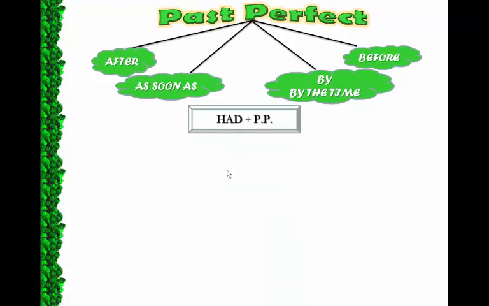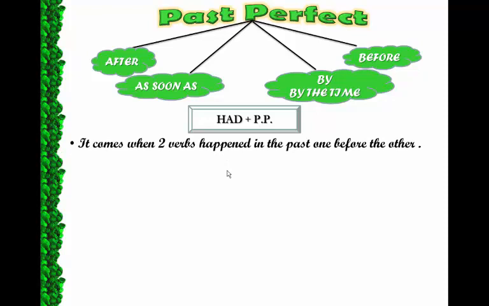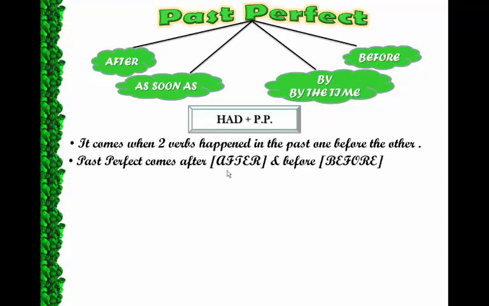What's the form of the past perfect? As you know, it's had plus PP. Had plus the past participle. This form of the verb, which is had plus PP, comes when two verbs happened in the past, one before the other or one after the other.